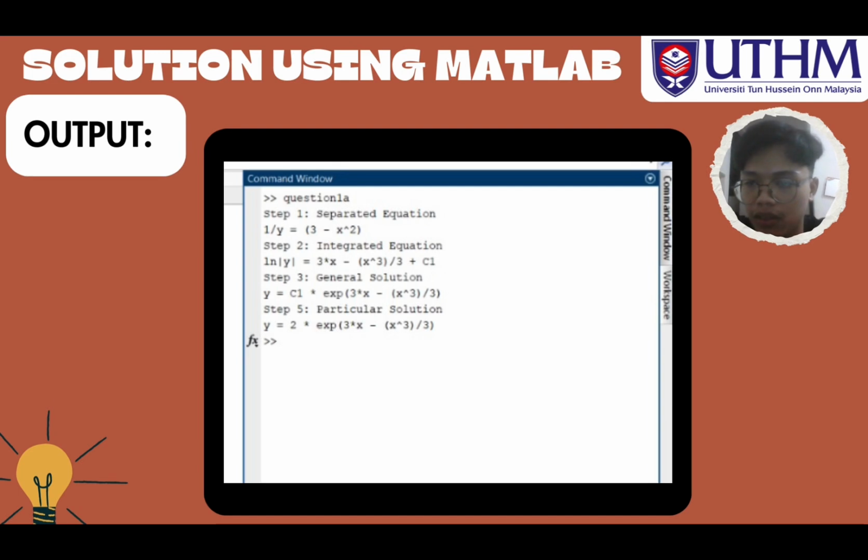Then in step 3 we get the general solution, which is y equal to c1 times exponential of 3x minus x power of 3 over 3. And then step 5 is the particular solution, which is y equal to 2 times exponential of 3x minus x power of 3 over 3.